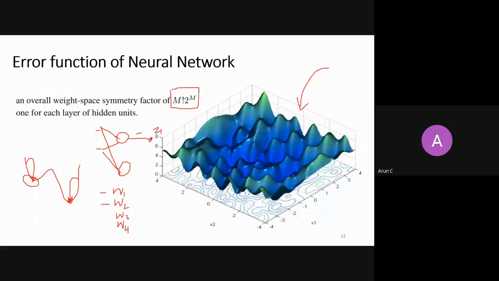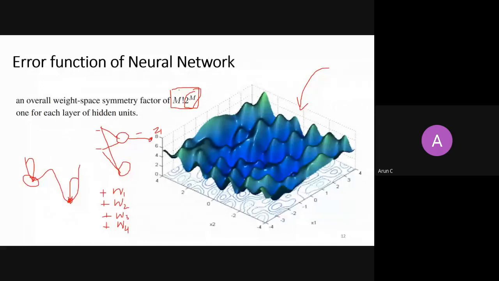I can still get the same accuracy if I use minus W3, minus W4, right? Even this way, even this way. So how many ways are there? If there are two hidden units, it means there are 2 to the power 2 ways, right? So if there are m hidden units, there are 2 to the power m different ways I can construct the weight vector which will give me the same accuracy, right?